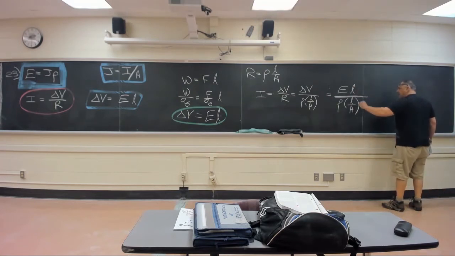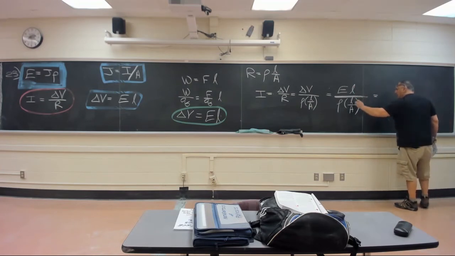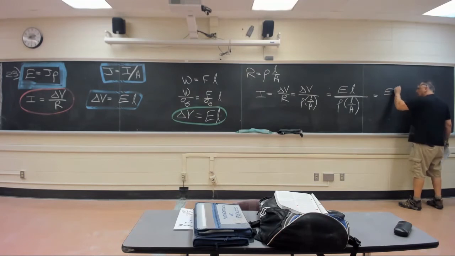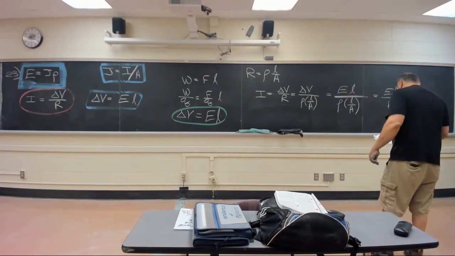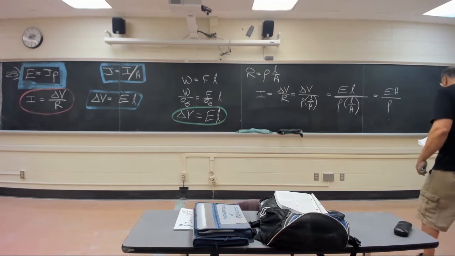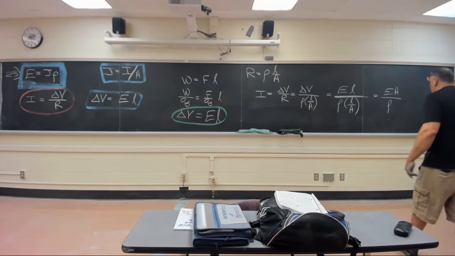The L's cancel, the A comes on top, and you got EA over rho. So let's see what that means. For some reason I just want to make sure. Right, okay, that's important.